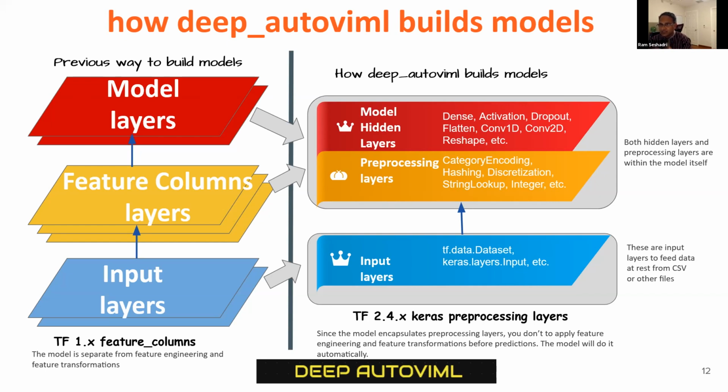You don't have to write a single line of code or attach these feature columns to the input layer to make the transformations. Previously you had to feed only the numeric data to the sequential model, because the model that was stored used to only be the model layers, not the preprocessing.